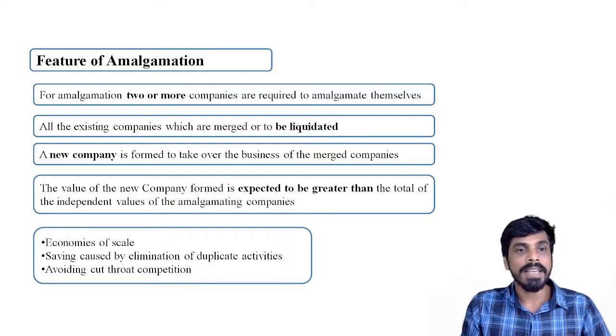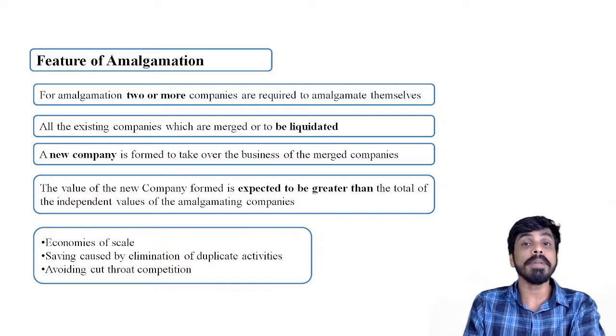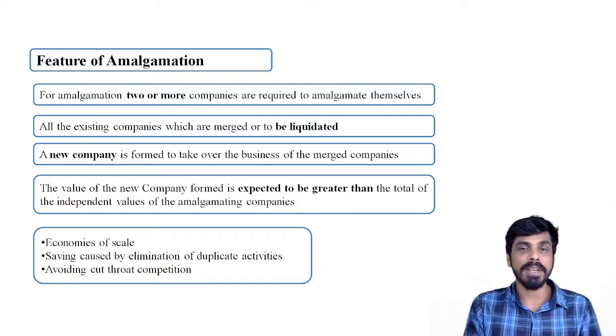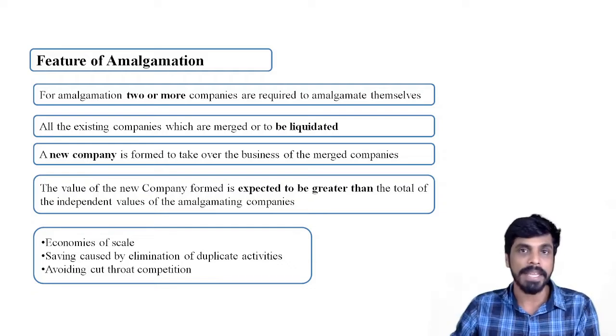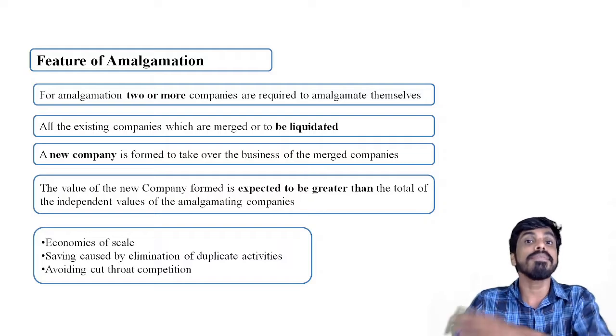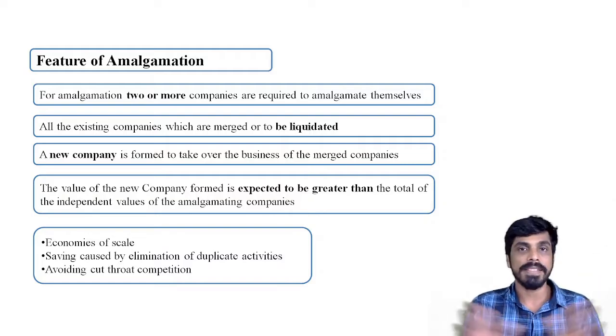So that means the value of the new company formed is expected to be greater than the total of the independent value of the old two companies. That is so simple, because each company has its own value, and both companies being taken over by the new company, definitely that new company will have a value which will be the combination of the independent values of both companies, right?